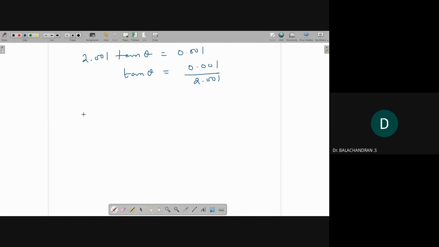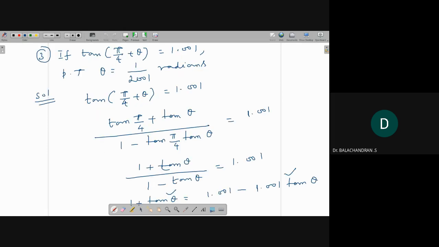So for the tan theta expansion, you know that theta plus theta cube by 3, don't write factorial, plus 2 by 15 theta power 5 plus and so on, is equal to 0.001 divided by 2.001. Here also theta is small.